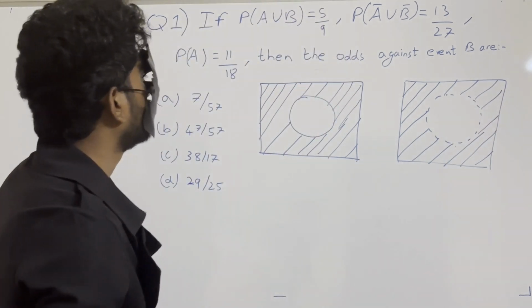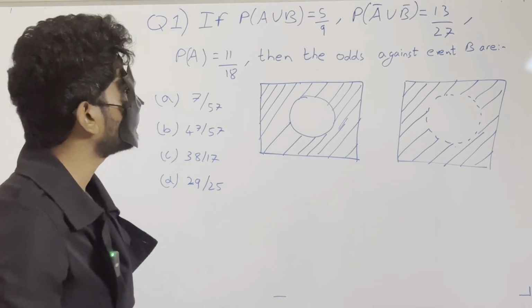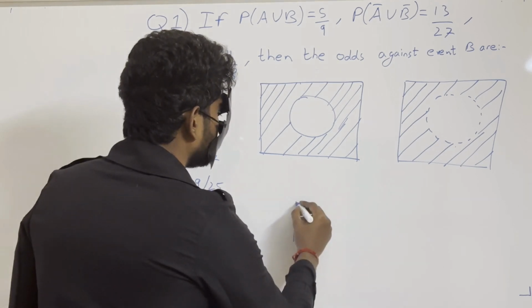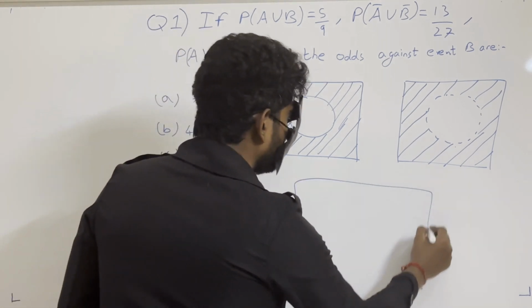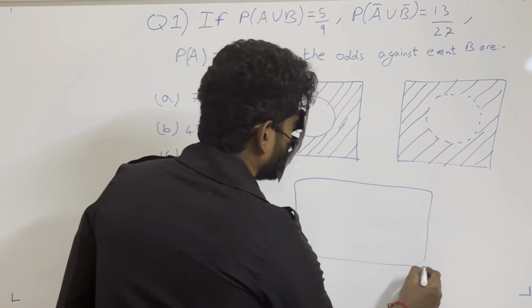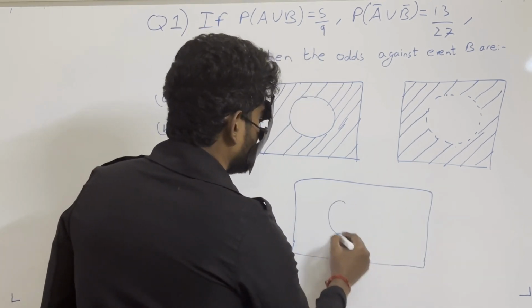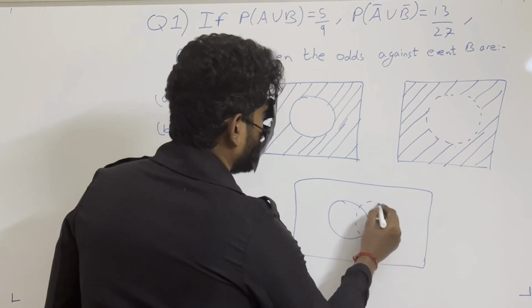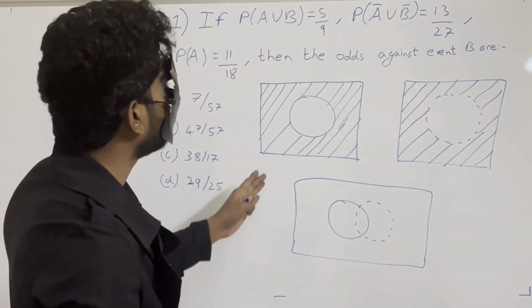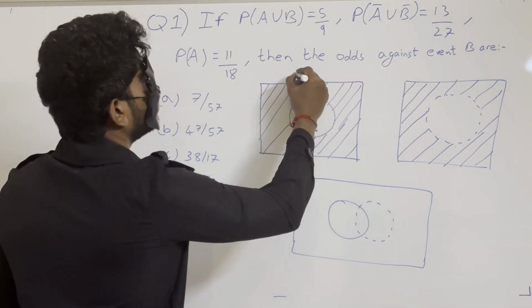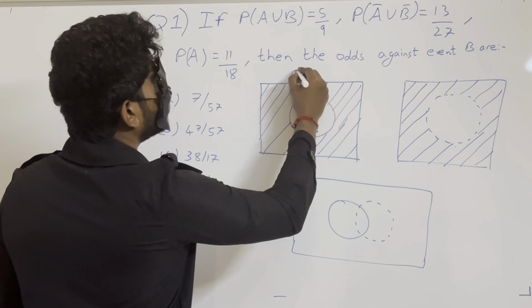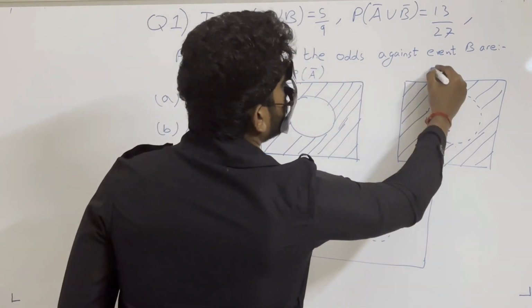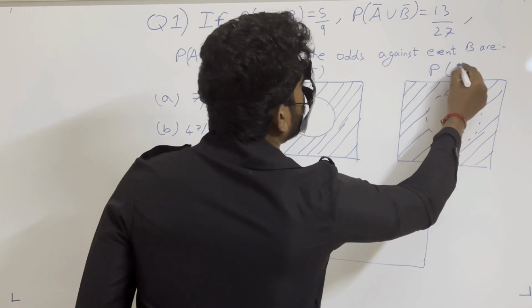So now P of A naught union P of B naught. Let's combine this. This shaded part is nothing but P of A naught, and this shaded part is nothing but P of B naught.